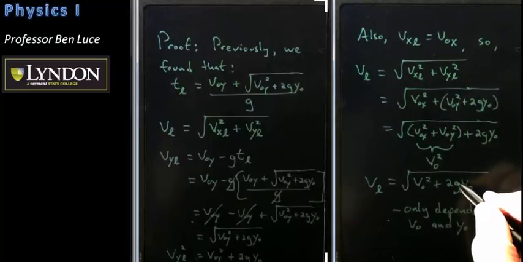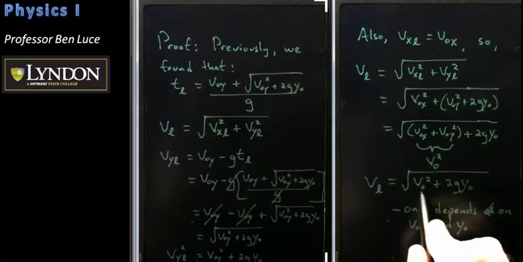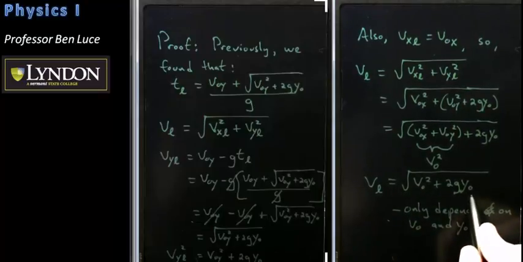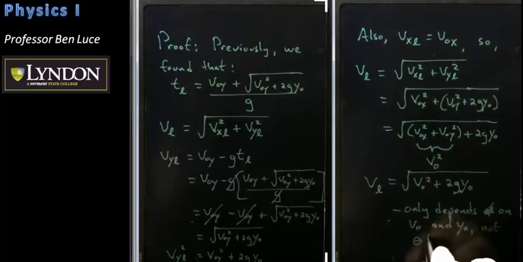But say if you were to launch 100 miles up in the atmosphere, g might be a little different. But otherwise, VL really only depends on the initial speed and the initial height, and not theta. So that completes our proof.